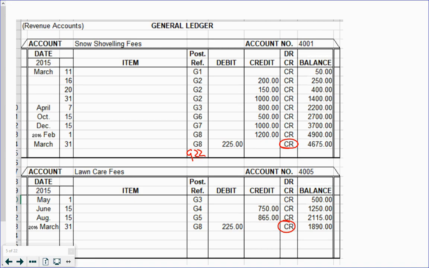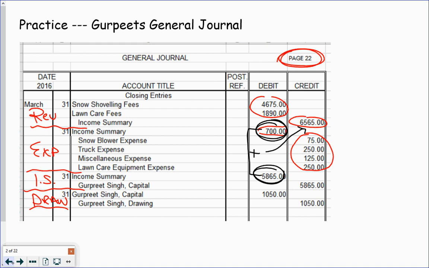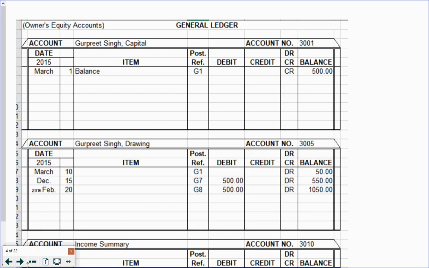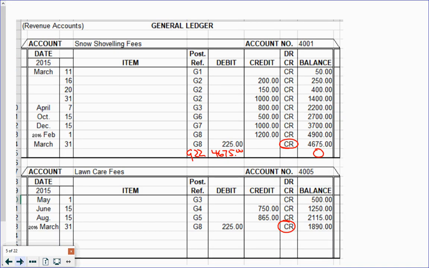So right now it's a credit balance of 4675, so I am going to debit 4675. So that makes it a 0 balance. I'm essentially just copying what I did on the general journal. So the general journal is a debit 4675, a debit 1890. So debit 1890. And it's page 22. So now this balance is 0.